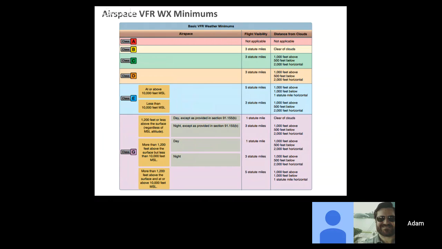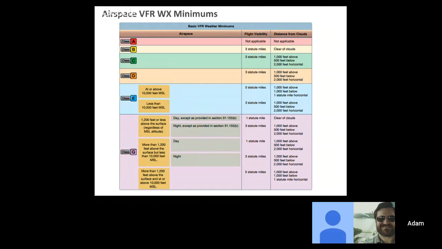But I figured since we're talking airspace already, we might as well introduce the fact that each airspace has a weather minimum for visual flight rules. And the two things we're concerned about are visibility and cloud cover.